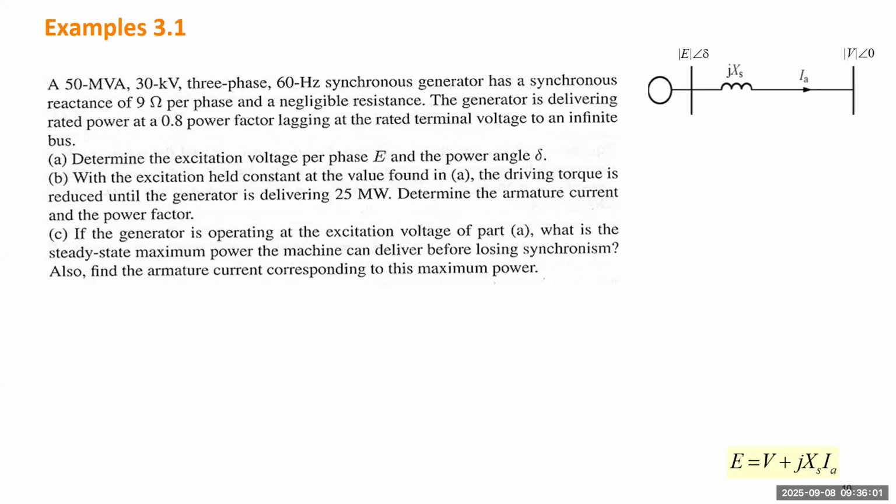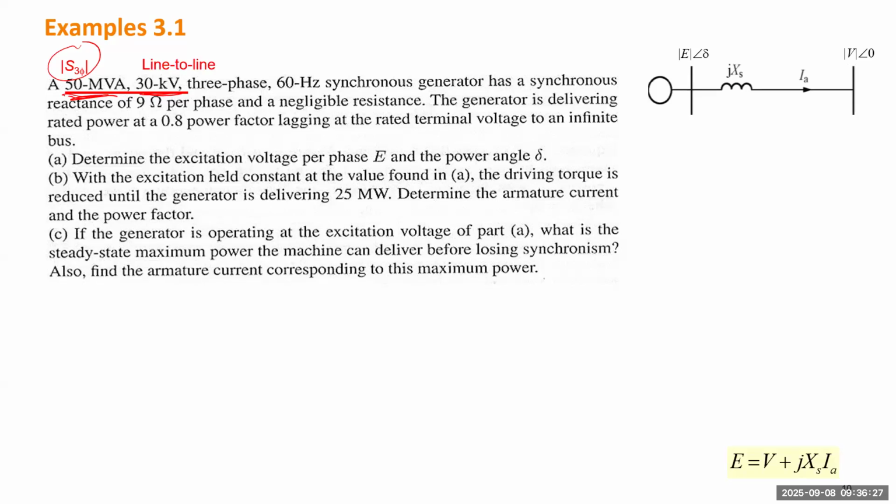There are a couple of good examples in the textbook which help you learn how to utilize the formulas from previous slides. Let's consider a 50 MVA generator operated at 30 kV. 30 kV is a line-to-line voltage. This 50 MVA tells you the apparent power, the absolute value of complex power.